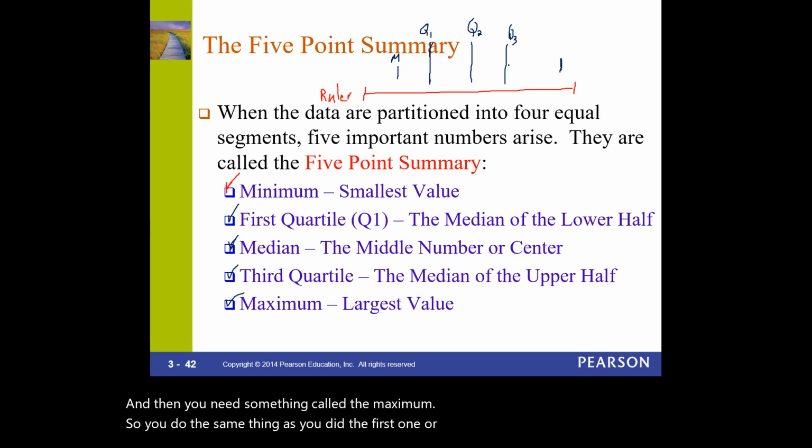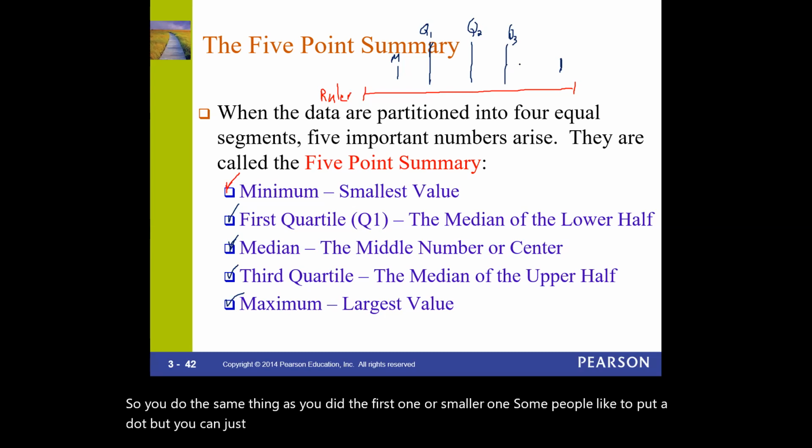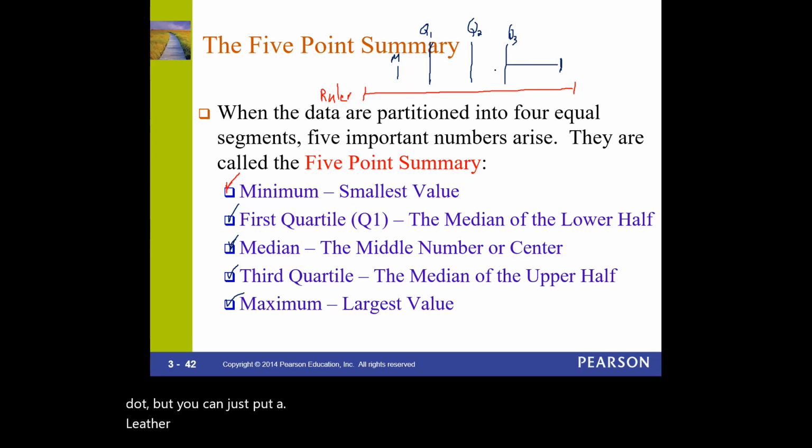Some people like to put a dot, but you can just put a bar. Then after I draw a line like this, you make a box on top like this. And this is how you call a box plot.